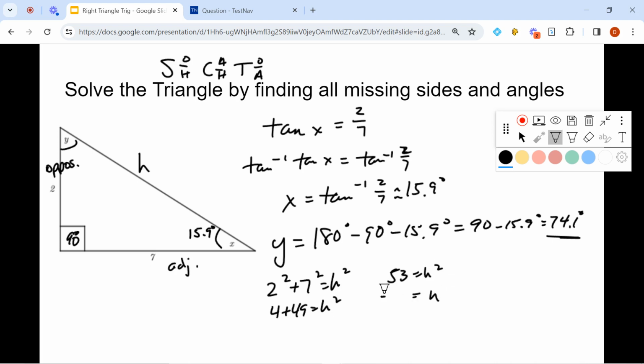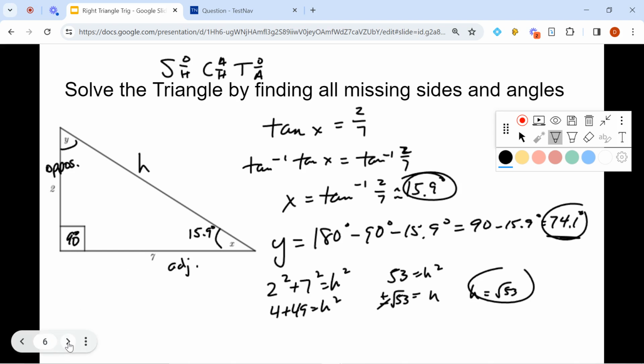So h is equal to plus or minus square root 53, but the negative makes no sense because we're talking about the side length of a triangle. So h is the square root of 53. There's your three answers. You could have started by finding y first, or you could have found the hypotenuse first. You just needed to solve the triangle and find all three things on that triangle.